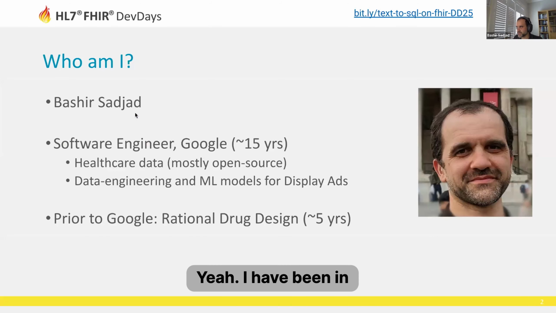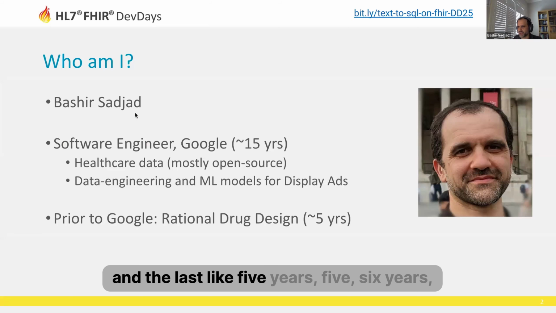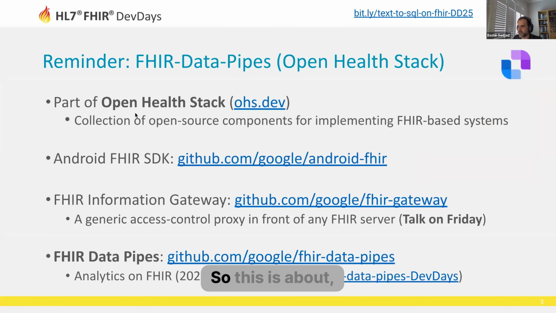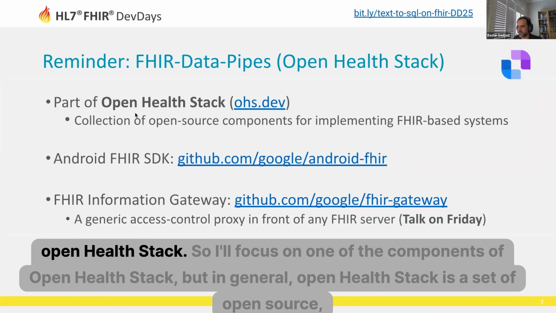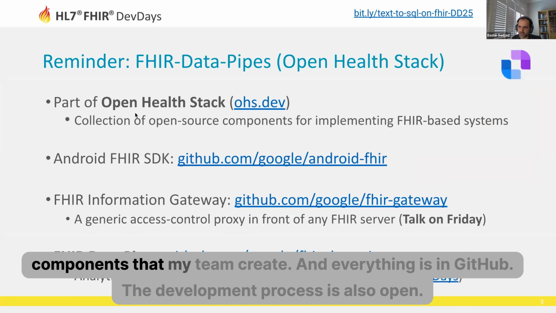I have been at Google for over 15 years, most of it around data engineering, and the last 5 or 6 years in healthcare data. This is about Open Health Stack. I'll focus on one of its components, but in general, Open Health Stack is a set of open source components that my team creates, and everything is in GitHub.